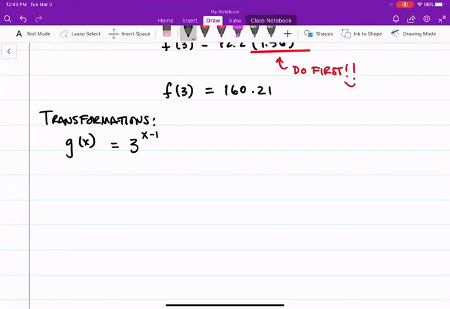What happens to my graph? Shifts to the right 1.